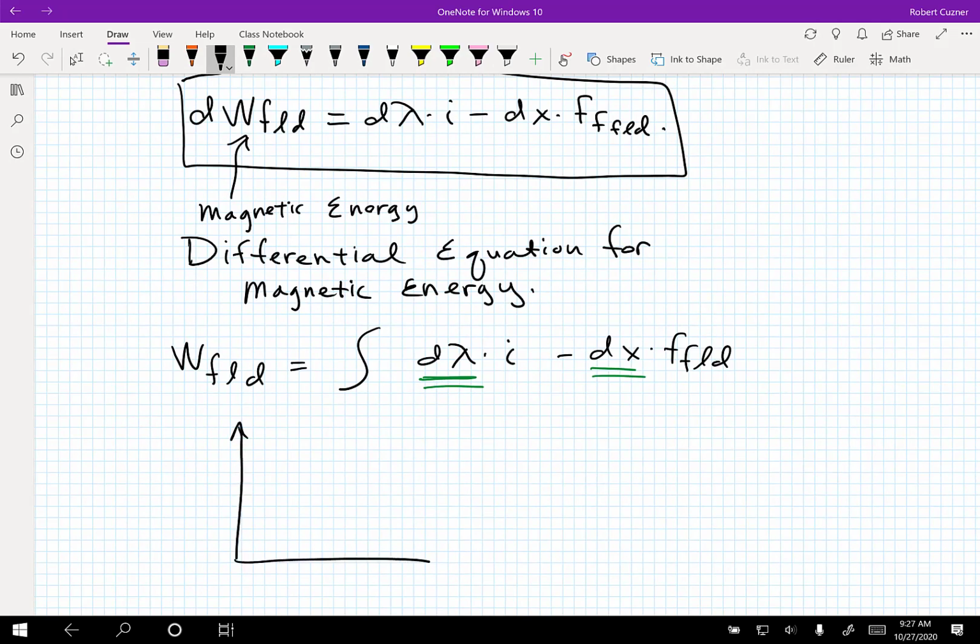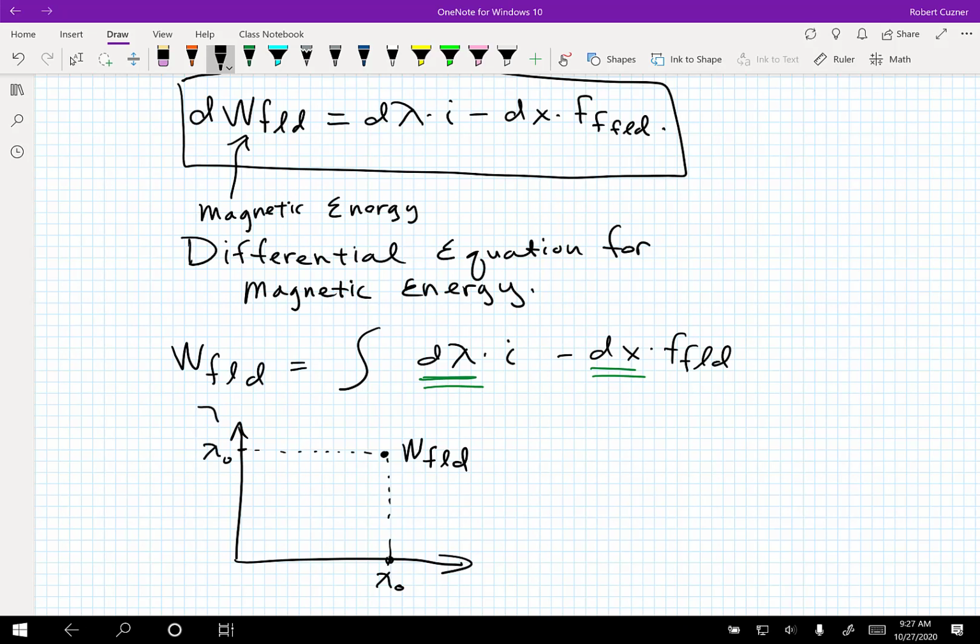Because as you solve for this integral, graphically, you're trying to find an energy point here that exists at a given x value, I'll say x naught, and a given lambda naught value.